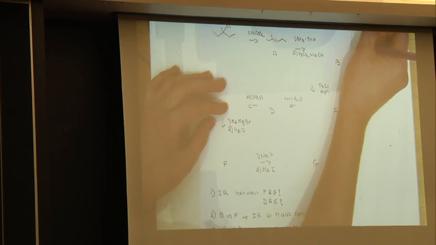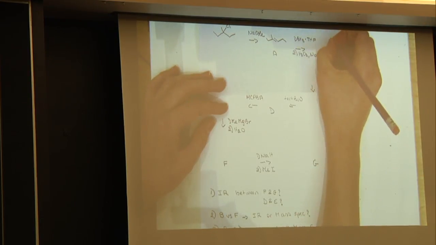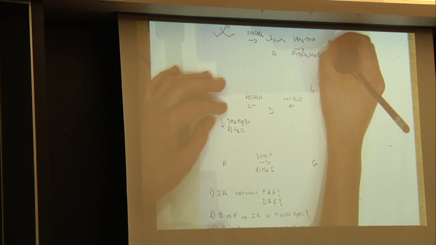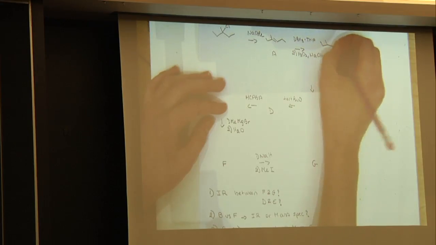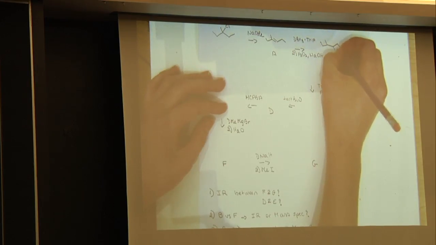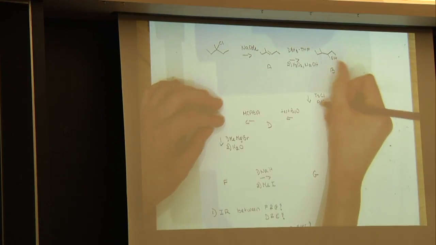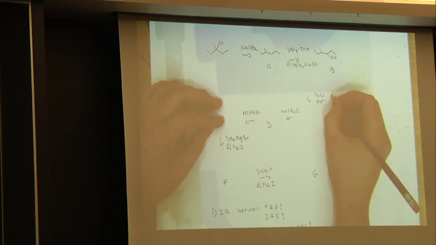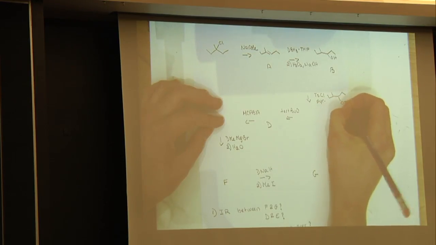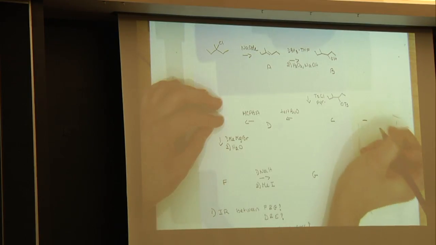What is this going to do? Yeah, it's going to add water, Markovnikov or anti-Markovnikov? Cool. Then what am I doing here? Yes. I'm basically transforming this into a good leaving group, right?